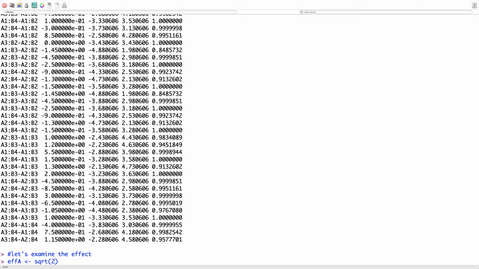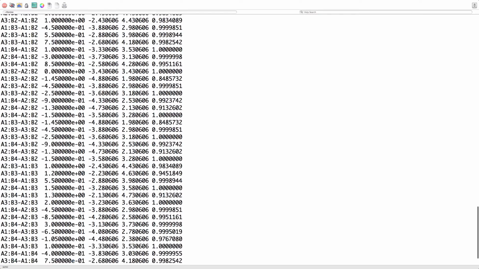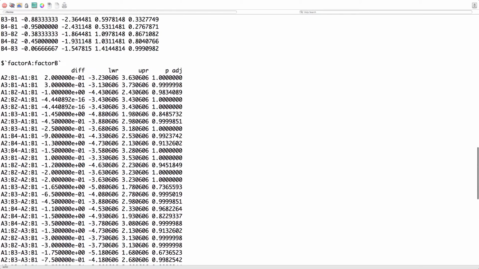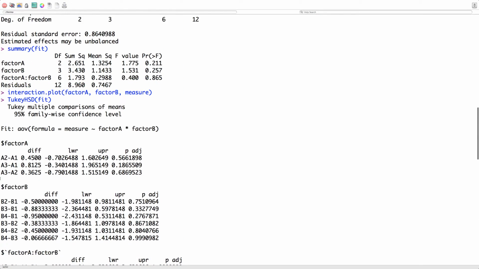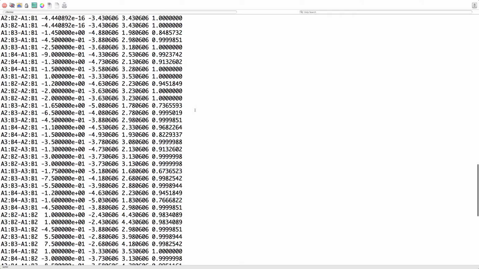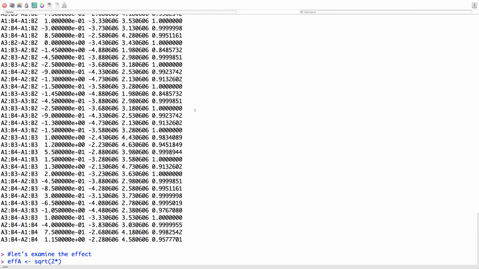Factor A had 3, so we're going to multiply by 2, times the F value for factor A, which if we go back up to our ANOVA table, we'll see it's 1.775. And we divide that by our total N, which is 24.